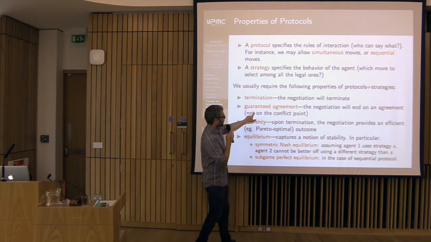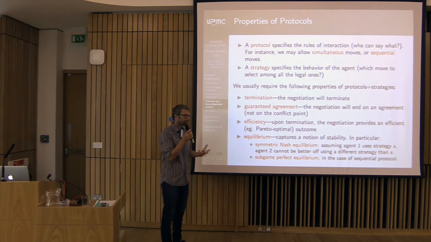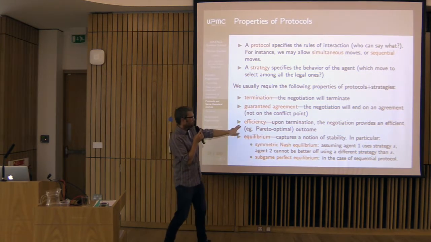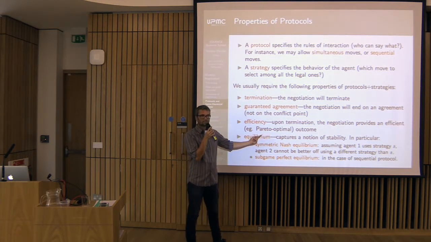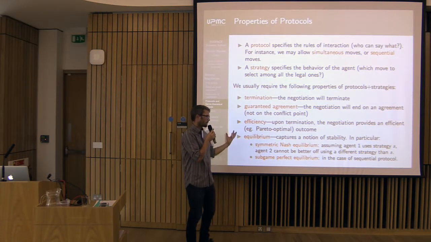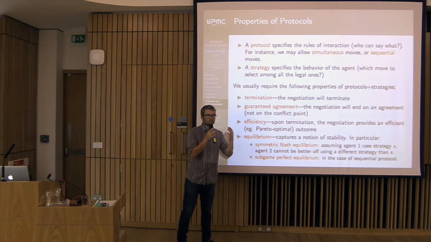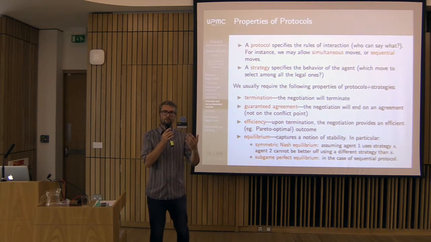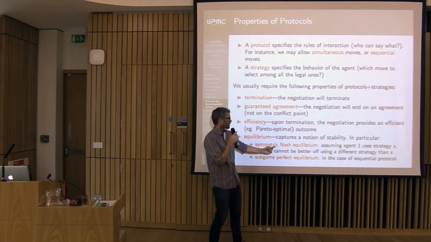You would like to get to a guaranteed agreement, not on the conflict point. That's better. You should provide an efficient outcome, for instance, a Pareto optimal outcome, as we discussed. And usually, you would like the protocol to provide a stable outcome. Meaning what? Meaning that one agent would not have an incentive to change his strategy, given the strategy of the other. So, for instance, you could have a symmetric Nash equilibrium.